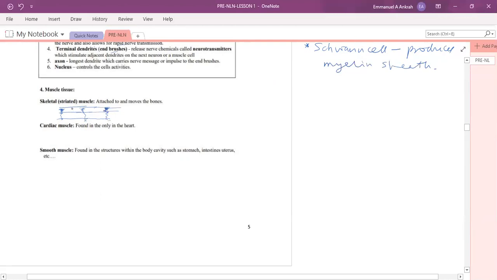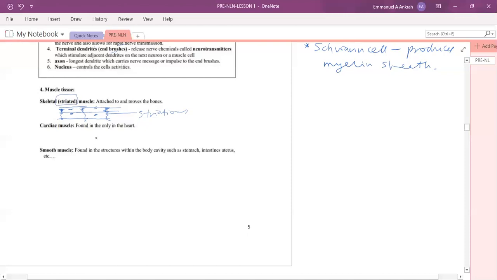And they have the nucleus right there. Nice pattern. So that's why another name for the skeletal muscle is striated muscle.